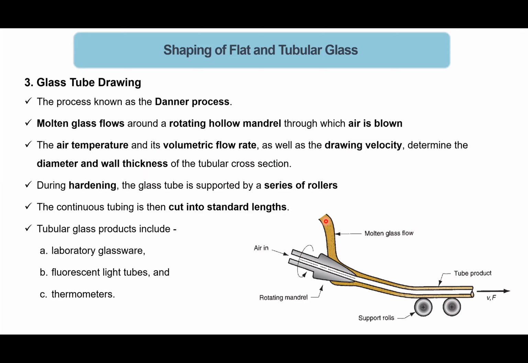How much molten glass is poured in this system will also determine the thickness of the glass tube. So all these four parameters have to be calibrated in such a way to get a desired product with desired internal and external diameter and thickness.